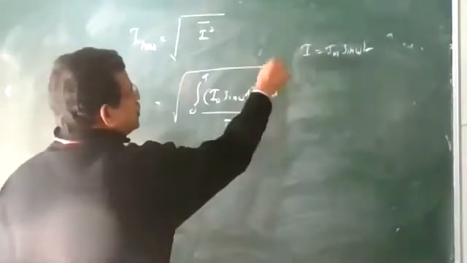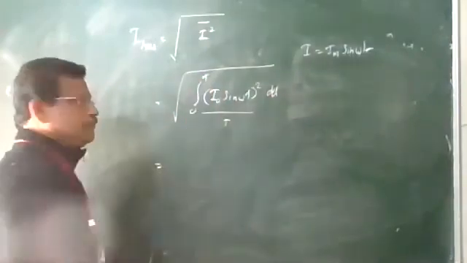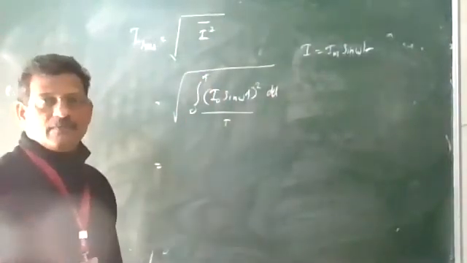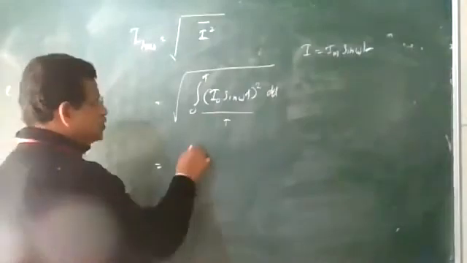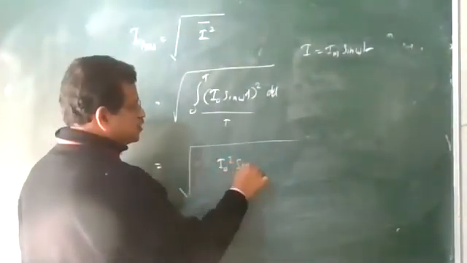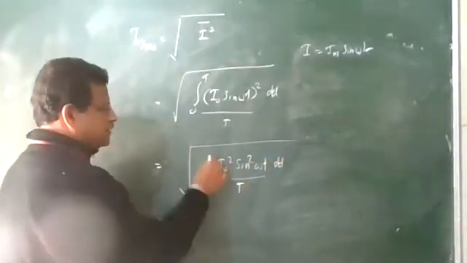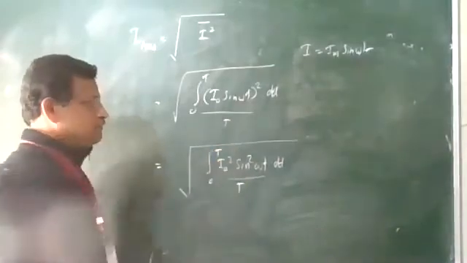Then the root. This is the root mean square value of the current. We have to simplify this. Under the root, it is I naught square sin square omega t dt divided by T, integral from 0 to T.